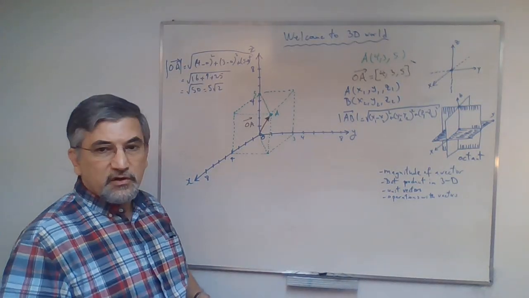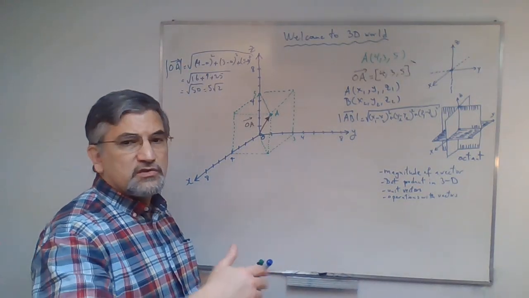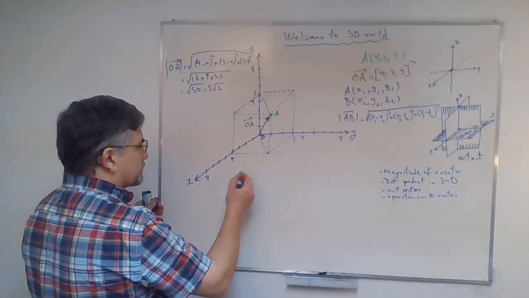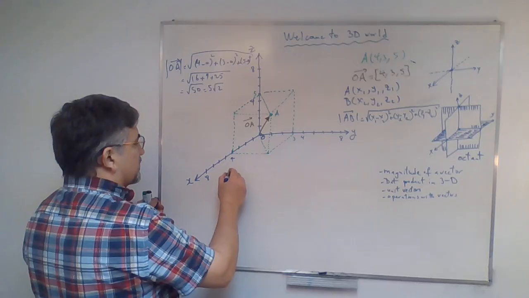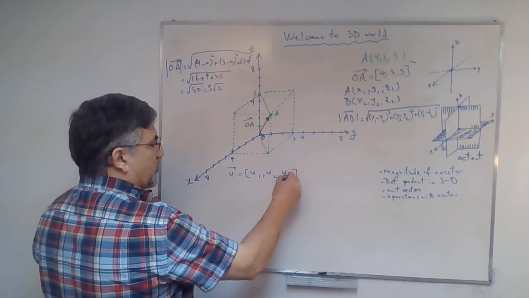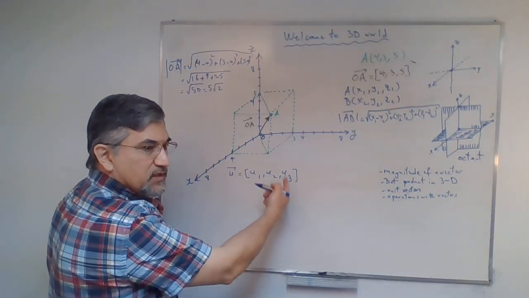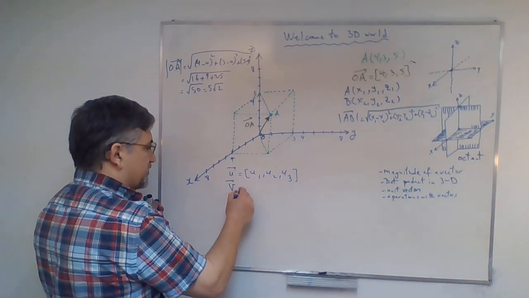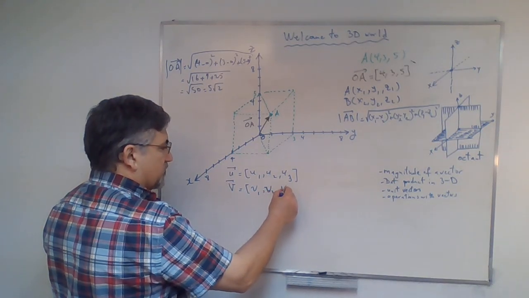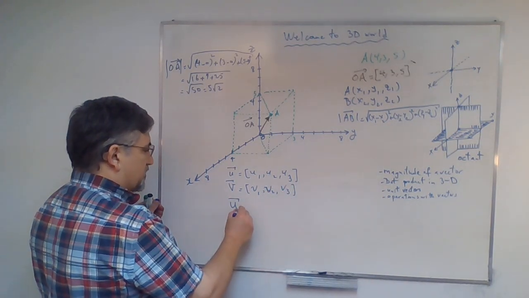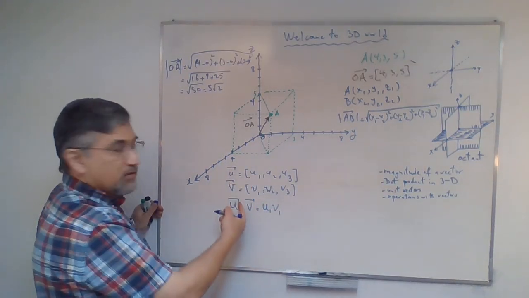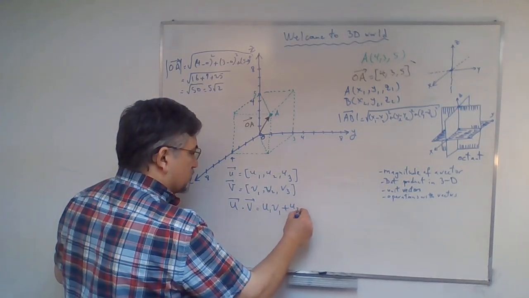The dot product formula is the same thing that we have in two-dimensional. It's just expanded right now. If you have two vectors, vector U with components U1, U2, U3, so X component, Y component, Z component, and vector V with components V1, V2, V3, then U dot V becomes U1 V1 plus U2 V2.